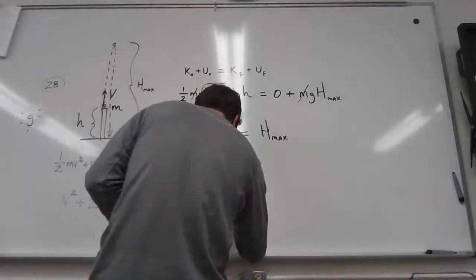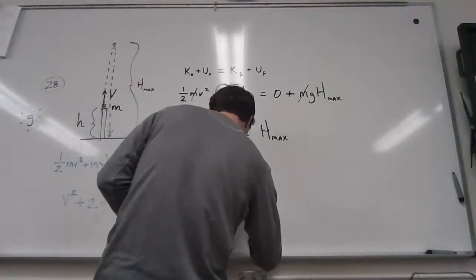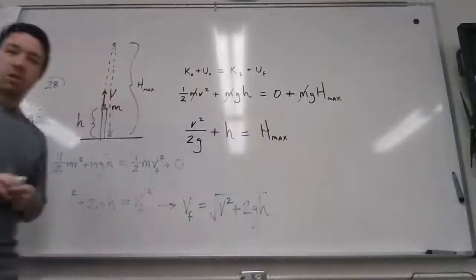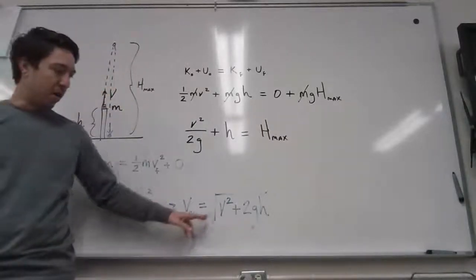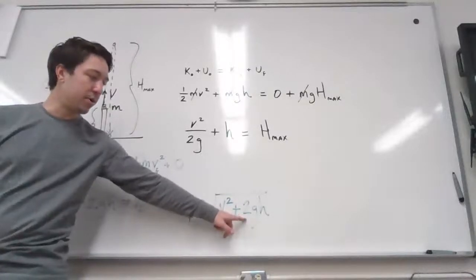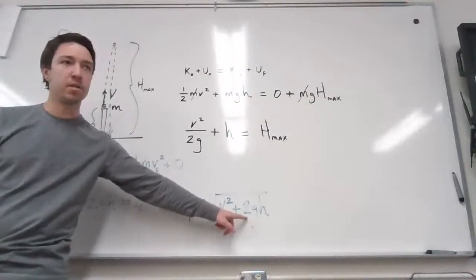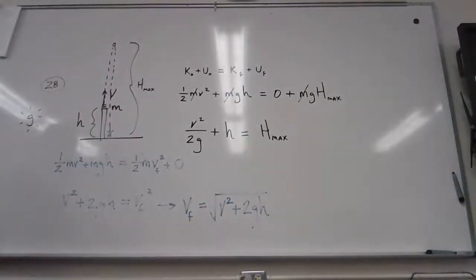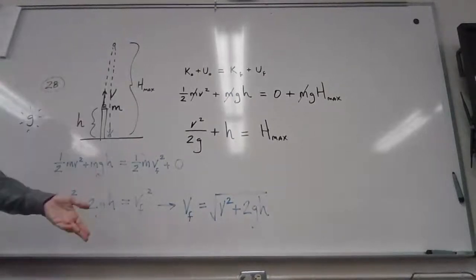It's kind of a weird expression. You guys maybe recall the square root of 2gh thing. That is if you just drop a ball off a building, how fast is that ball going at the bottom of the building?